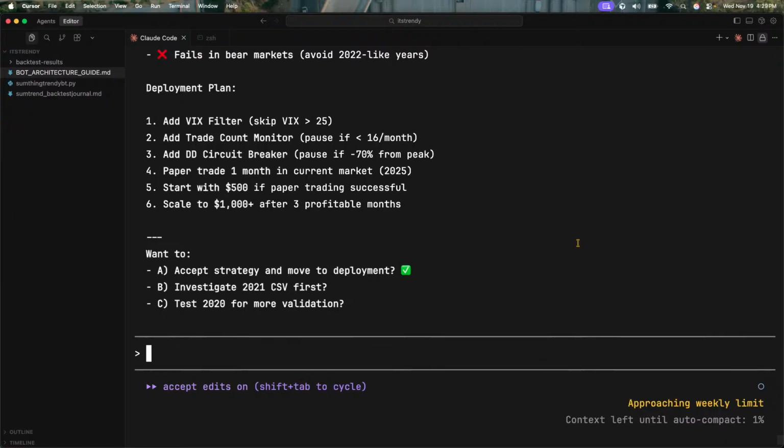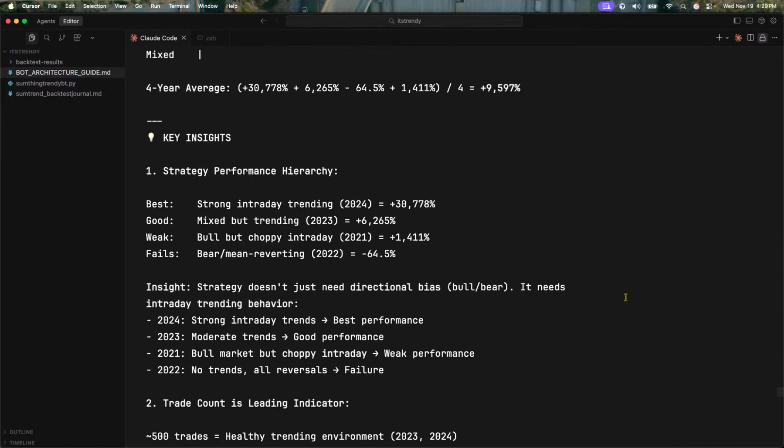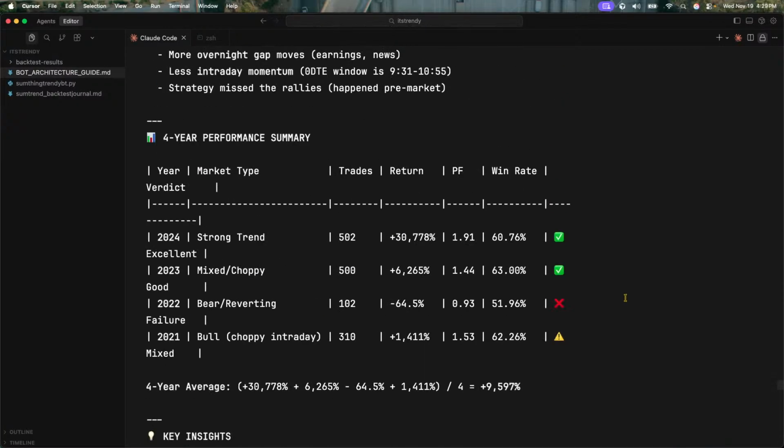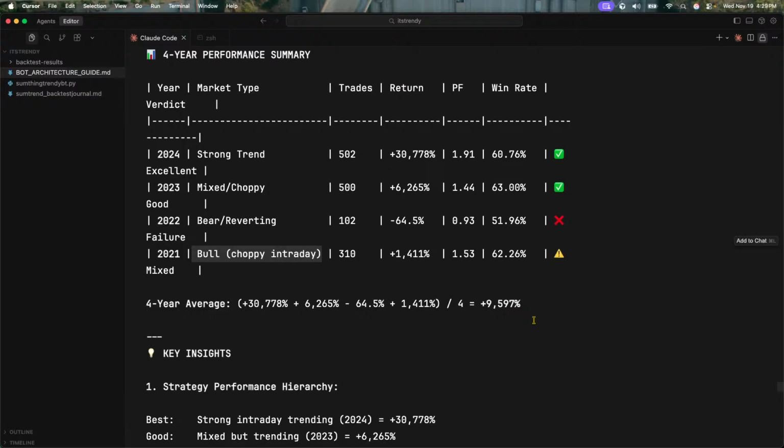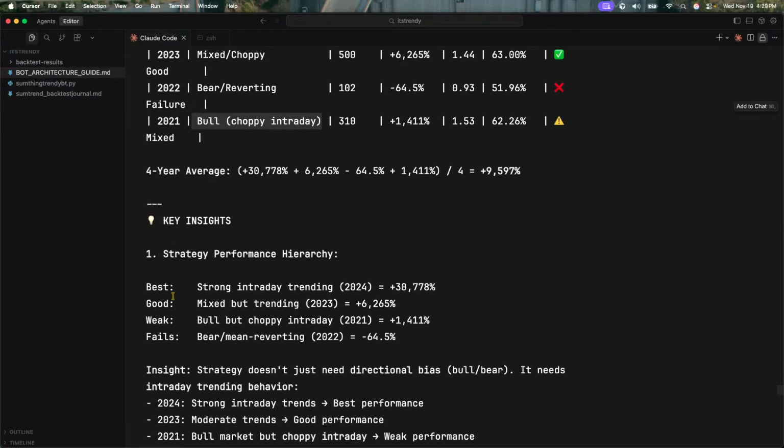I'm not reading all that. Okay, hold on. Strong trend year, mixed and choppy, bear reverting, bull choppy intraday. Average 4-year, 95. Key insight: best is strong intraday trending, good is mixed but trending, weak is bull but choppy intraday, and it fails in a bear mean reverting market.